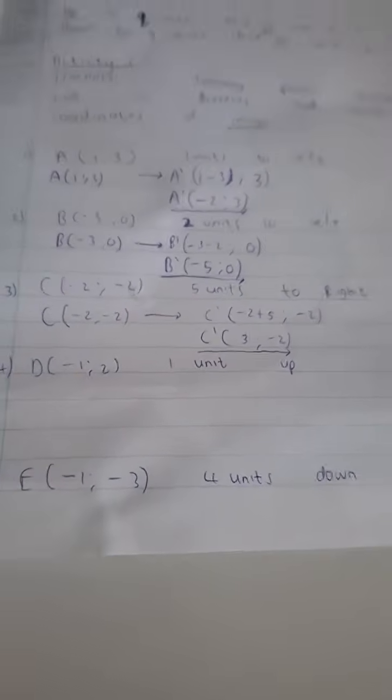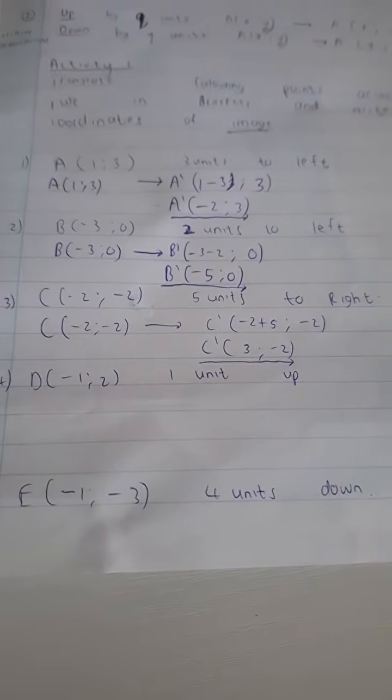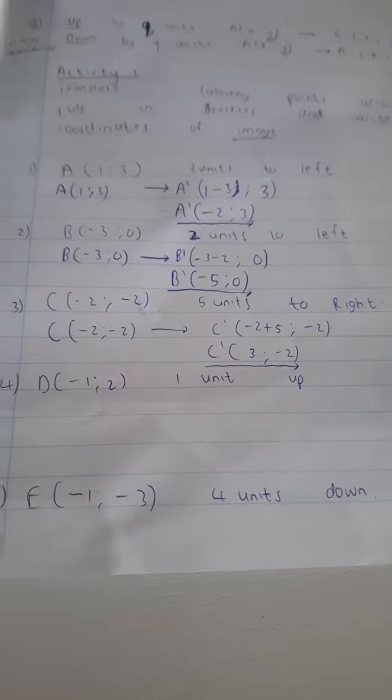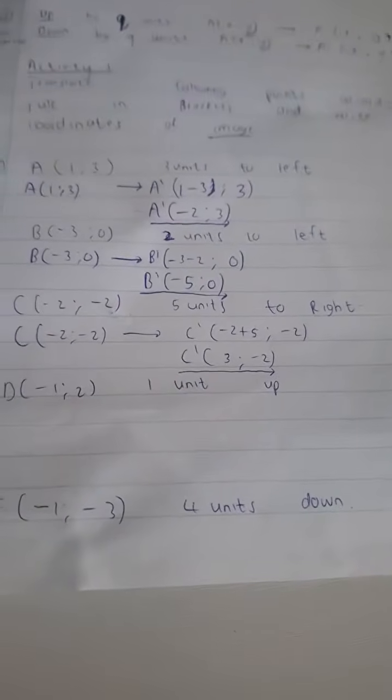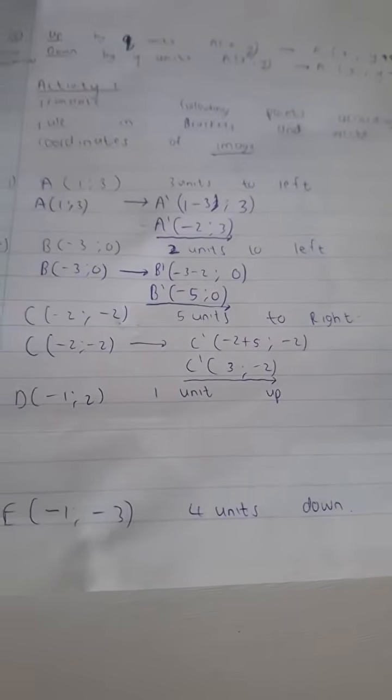D, negative 1 and 2. It says 1 unit up. So 1, who is affected? 2, how are they affected? So 1 unit up, that speaks to vertical translation. Okay, Y is affected by plus 1.